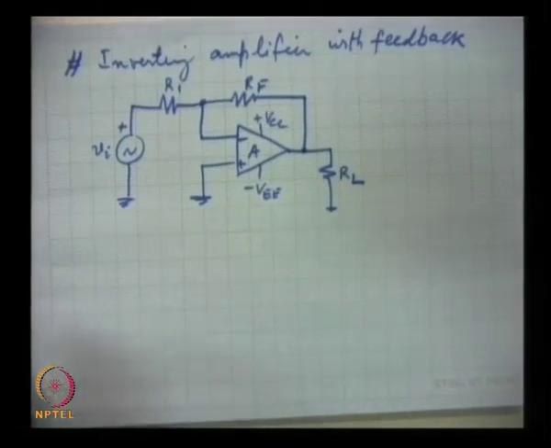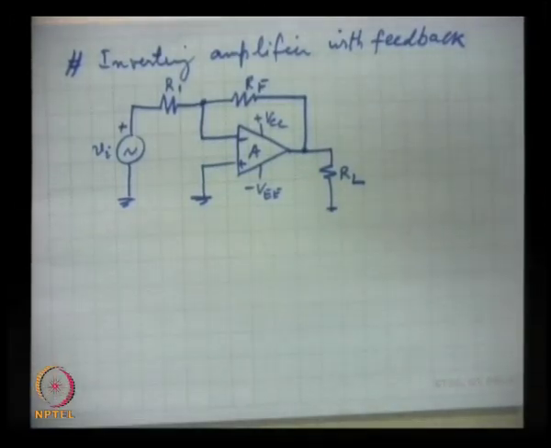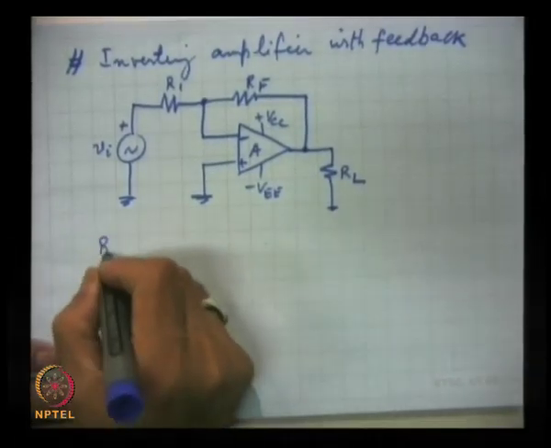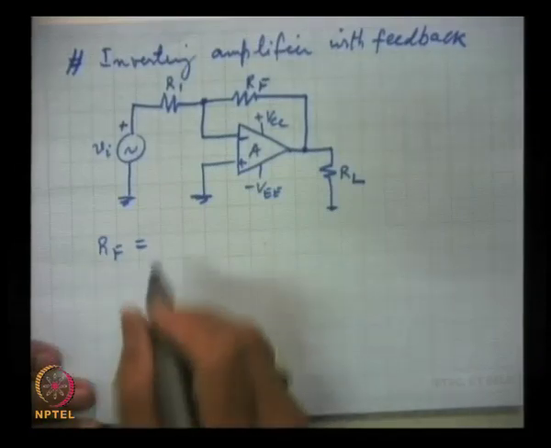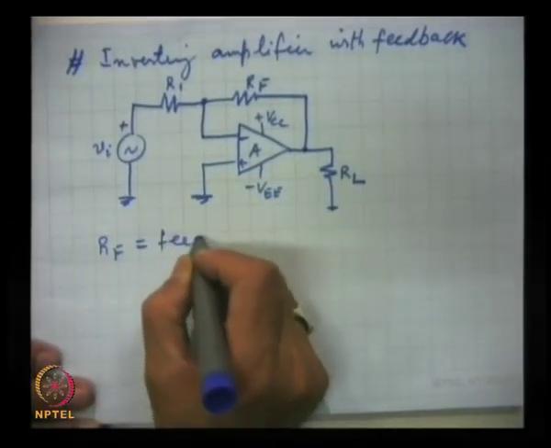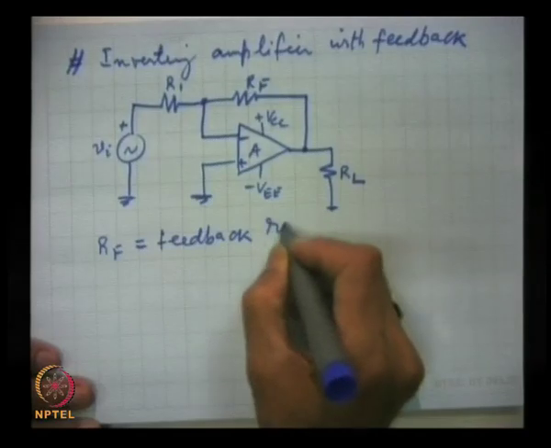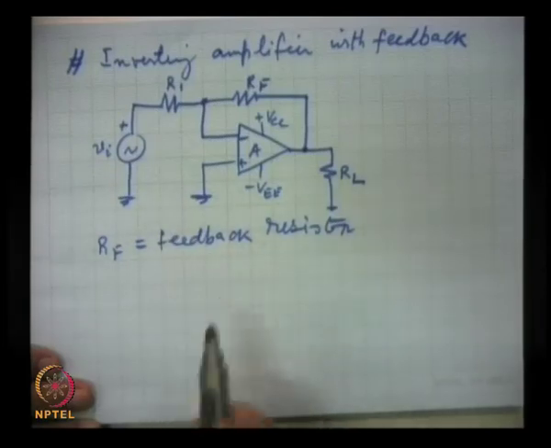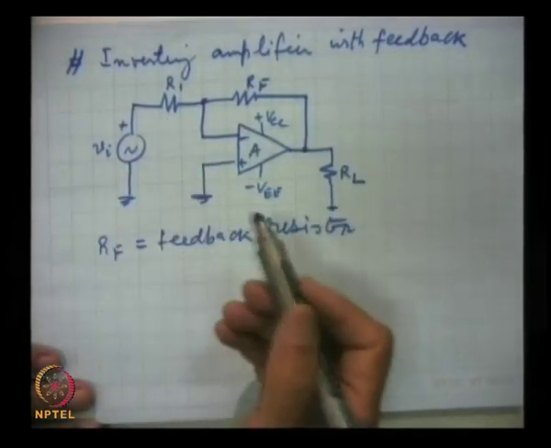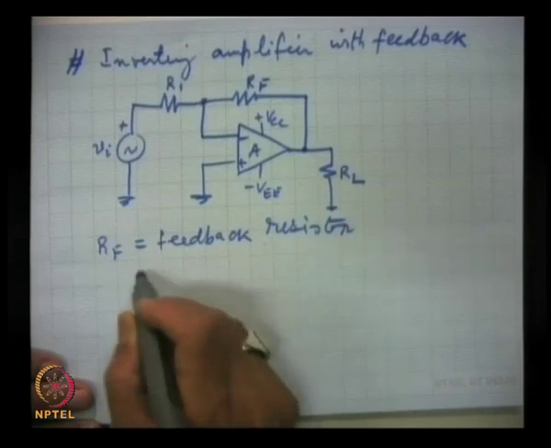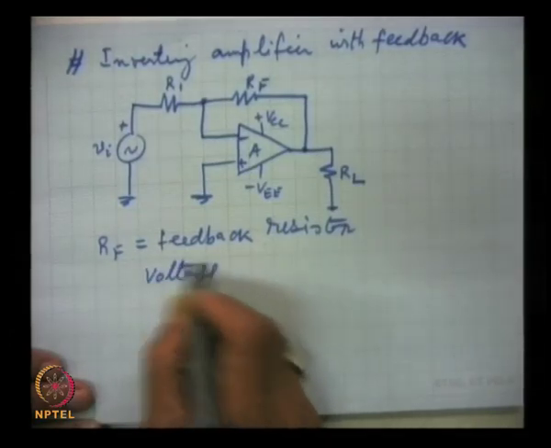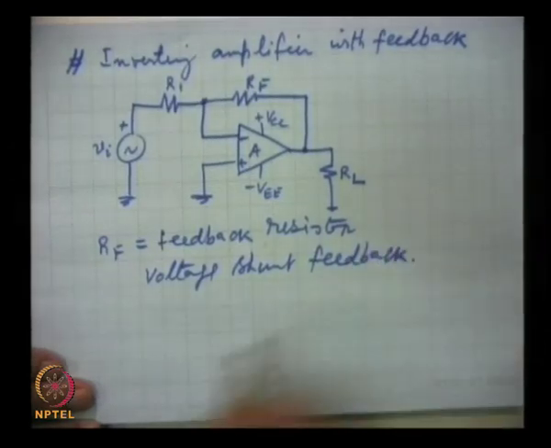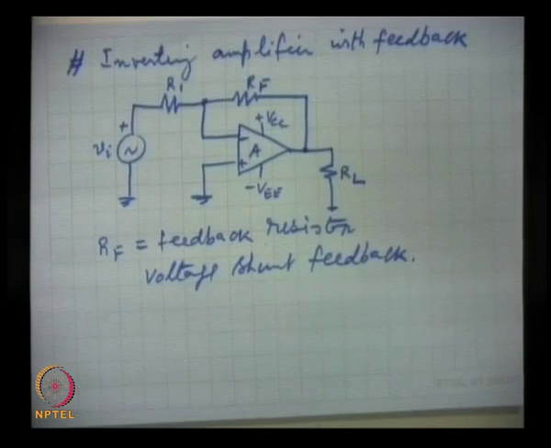And now we investigate the important properties of this circuit. Here RF is the feedback resistor, and R1 is another resistance, and we can see that this is the voltage shunt feedback circuit.